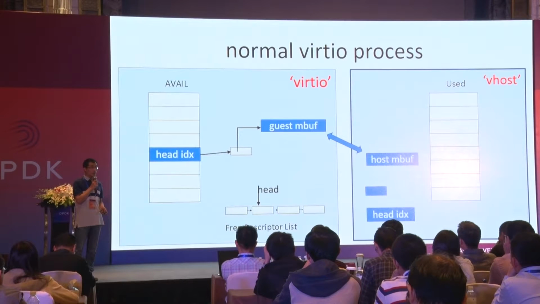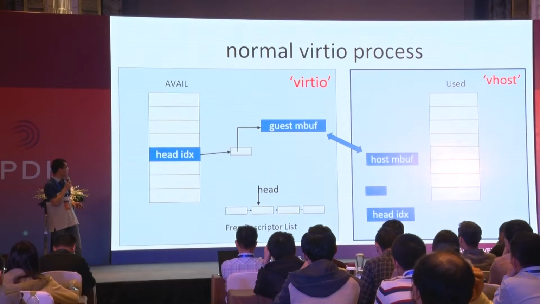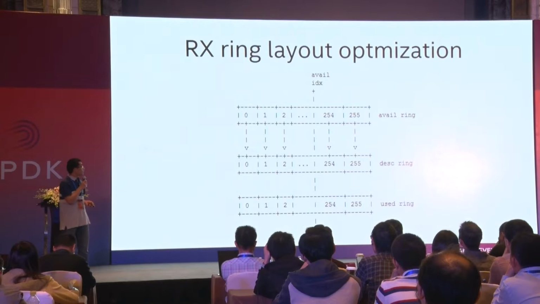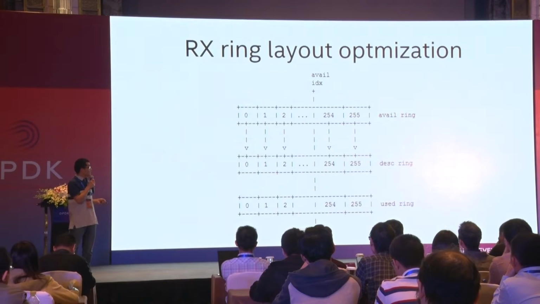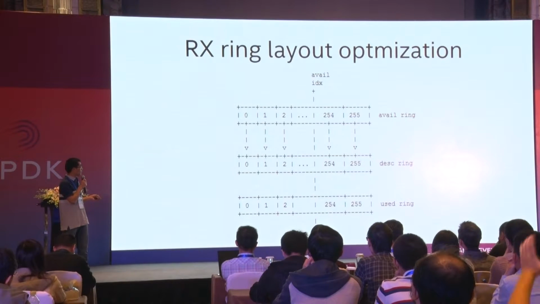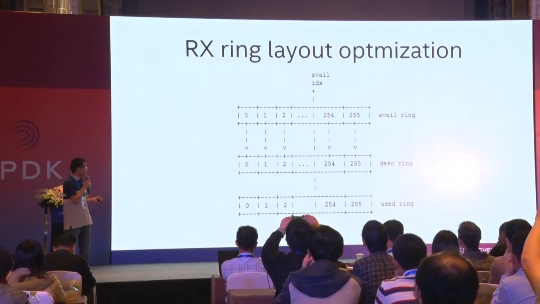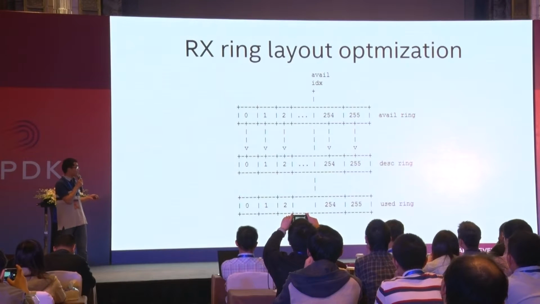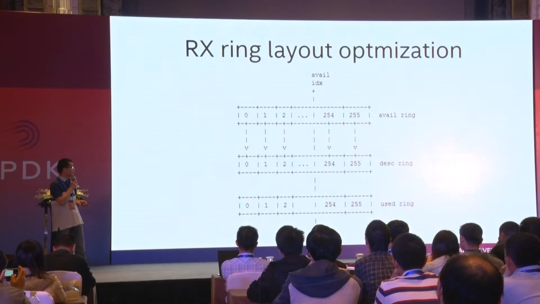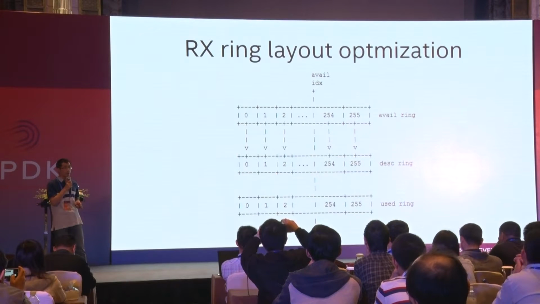For these two issues and for the actual situation of the network, we propose the optimization as follows. That is the fixed available ring. First, let's look at the RX process. At the initialization stage, we initialize the available ring so as to let each entry point at a fixed descriptor.